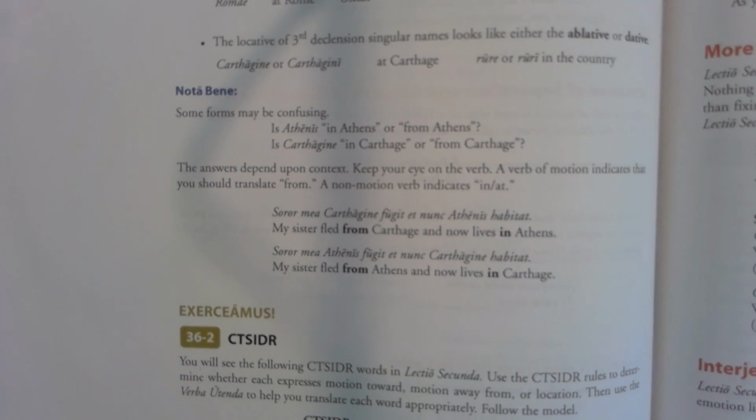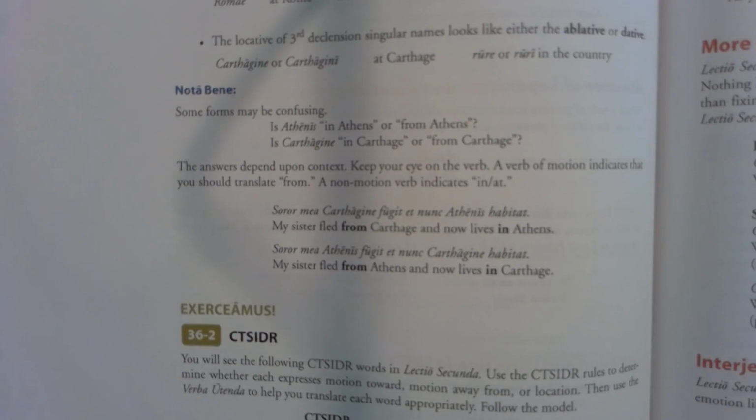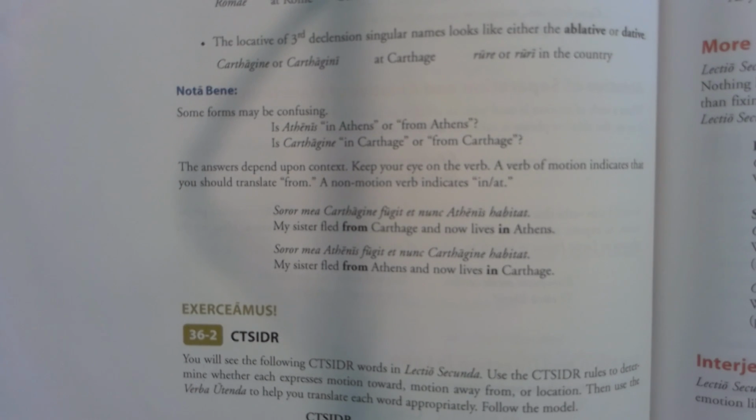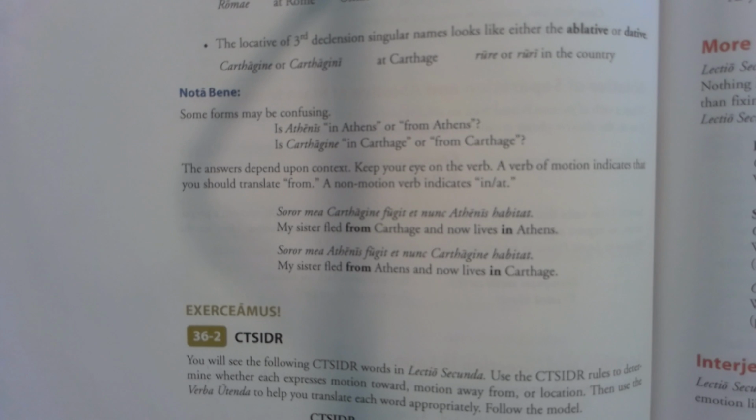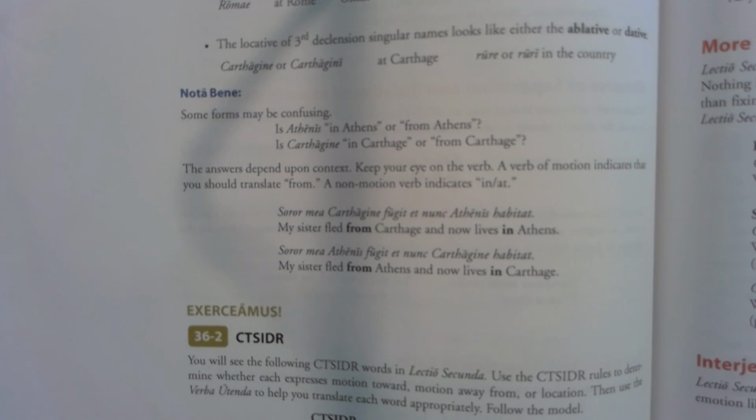So let's look at some contextual examples. My sister fled from Carthage. So you see, fugit, fled, implies going away from somewhere. So right there you know it's going to be from Carthage just by the context of the sentence. You live in a place, Athenis habitat.